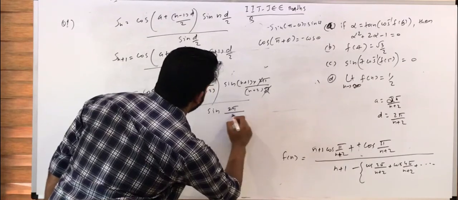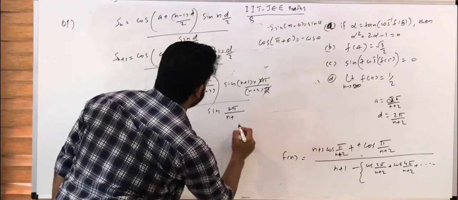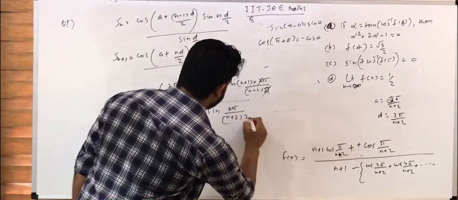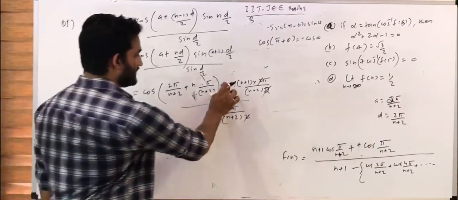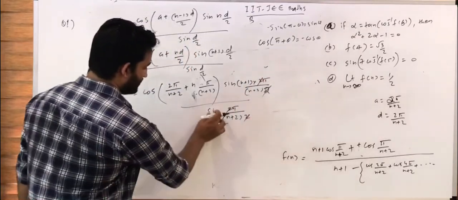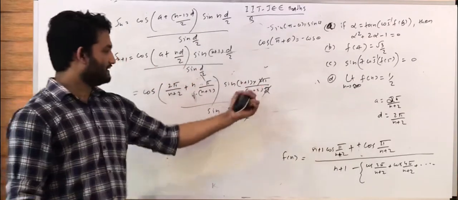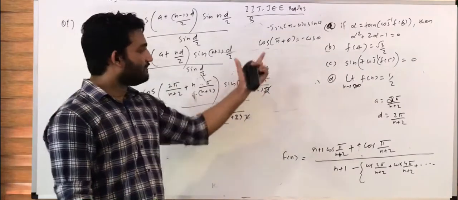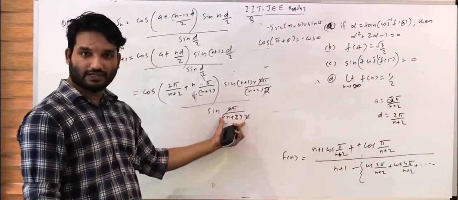2 pi divided by n plus 2 into 2, that is sine pi by n plus 2. See this sine of n plus 1 divided by n plus 2 into pi, or sine pi divided by n plus 2. If we take this as beta and this as alpha, then pi minus alpha gives beta.